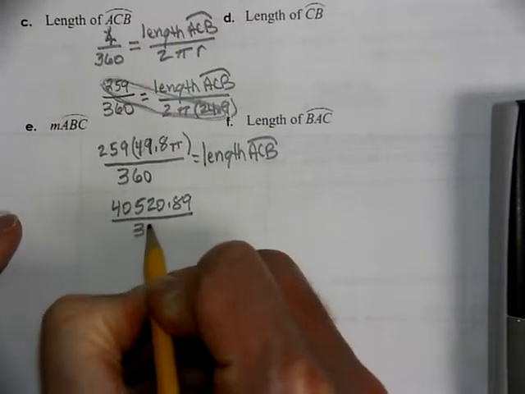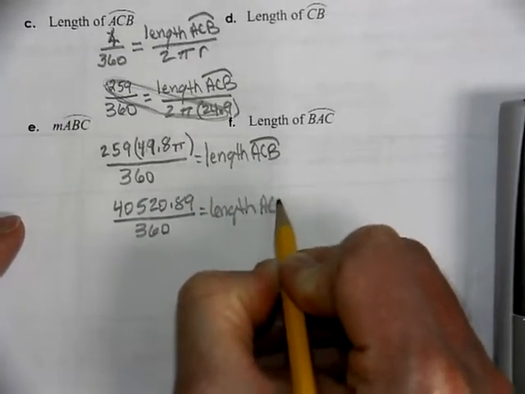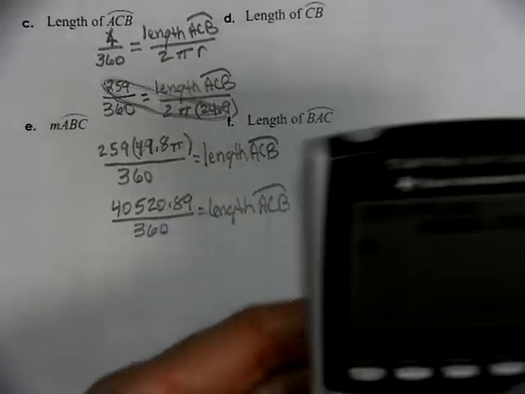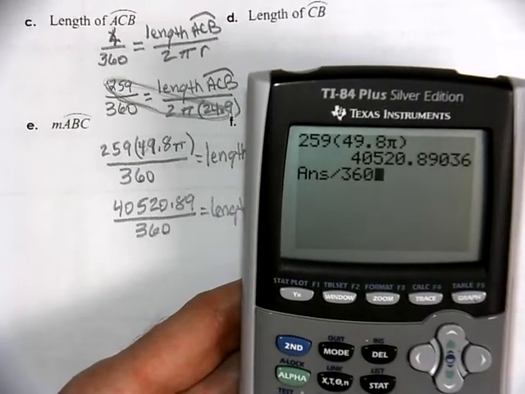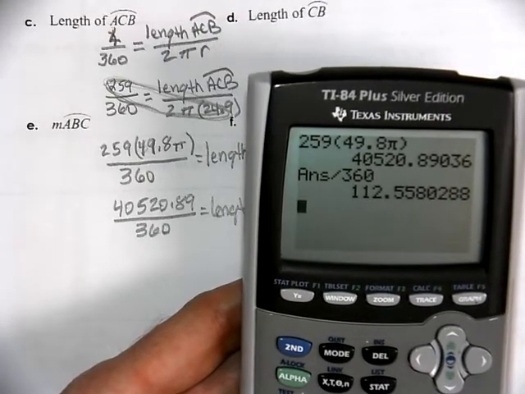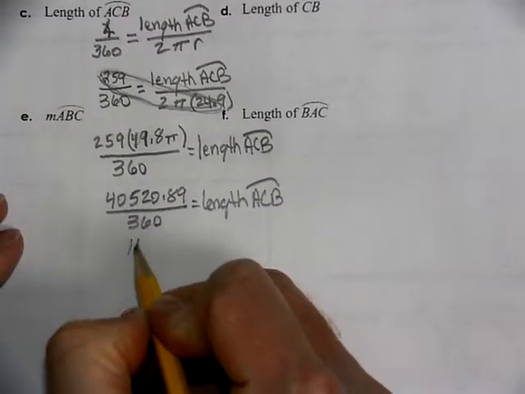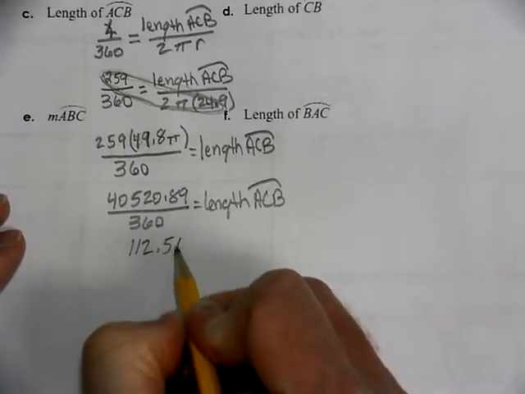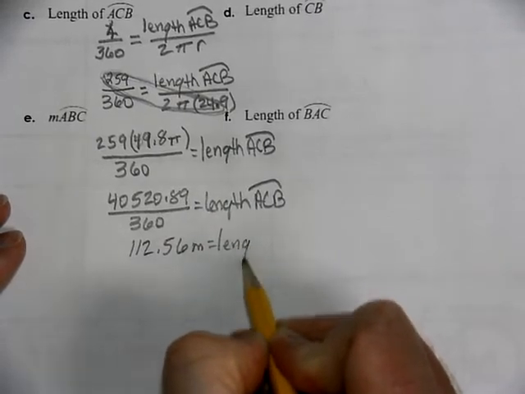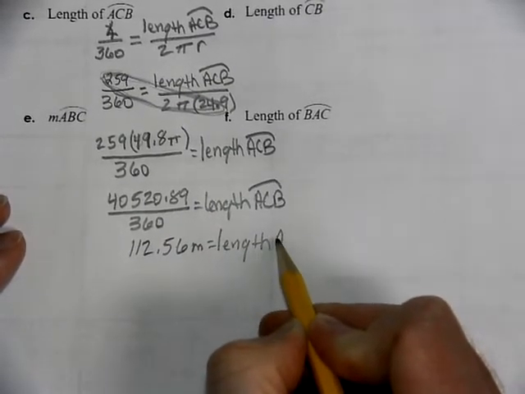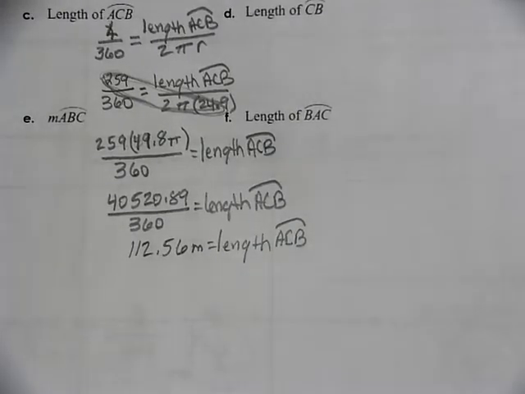That's the length of ACB. So we need to take that number and divide it by 360. And we get an arc length of 112.56. And those would be meters. That was the length of arc ACB.